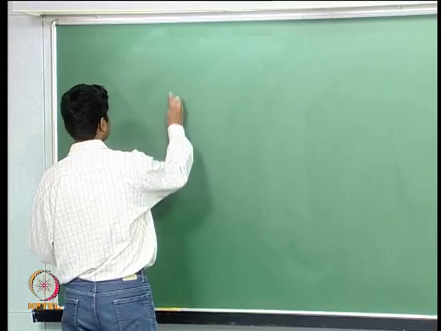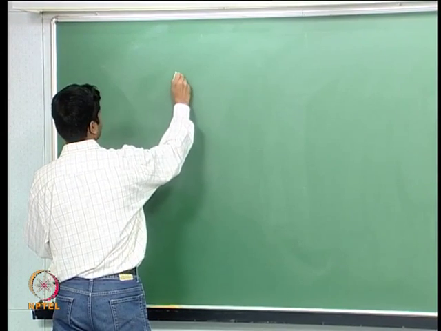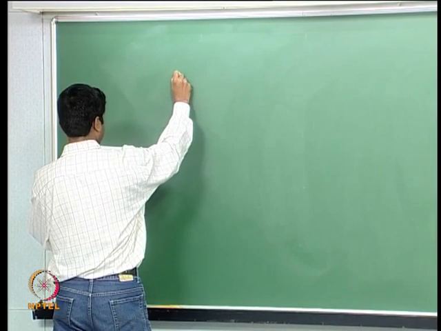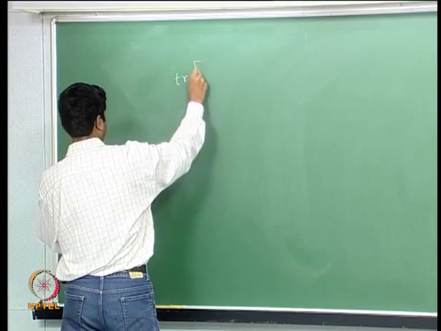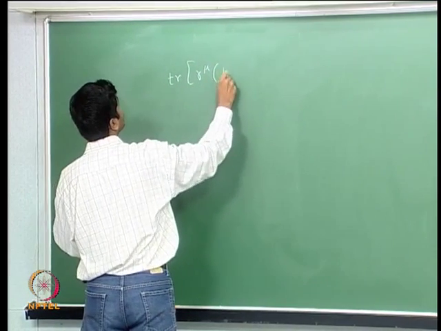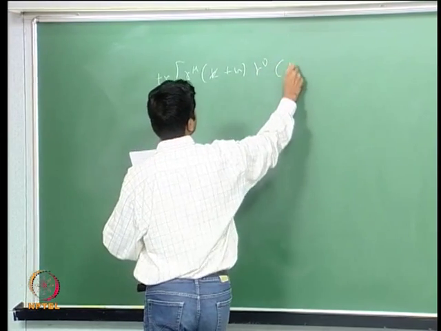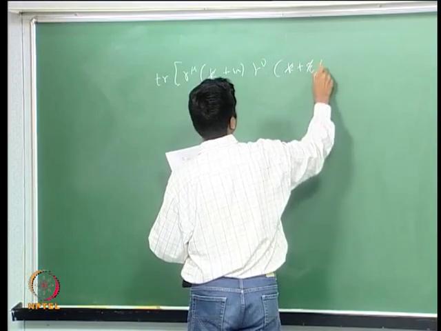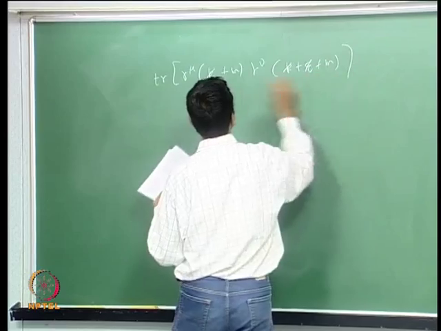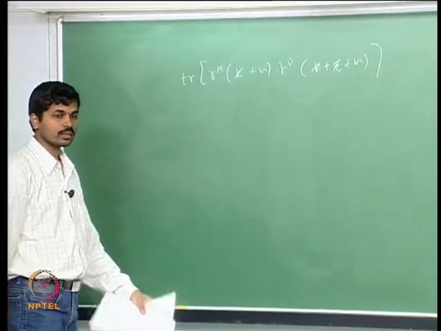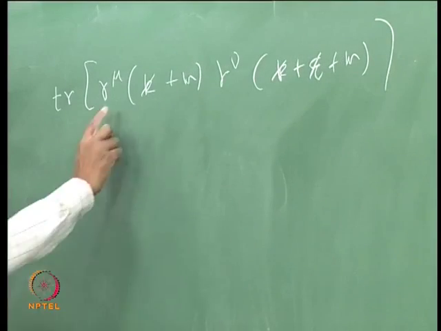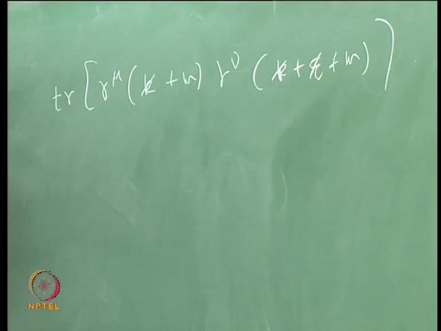What we did is we started simplifying the numerator by evaluating the trace of gamma mu (k slash plus m) gamma nu (k slash plus q slash plus m), assuming that this is actually happening in 4 dimensions.